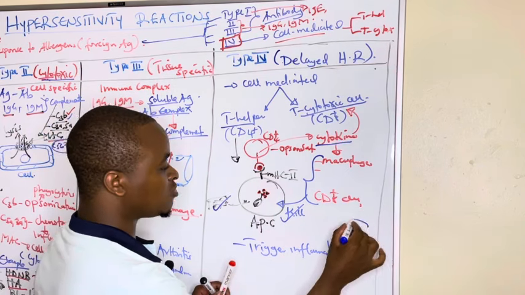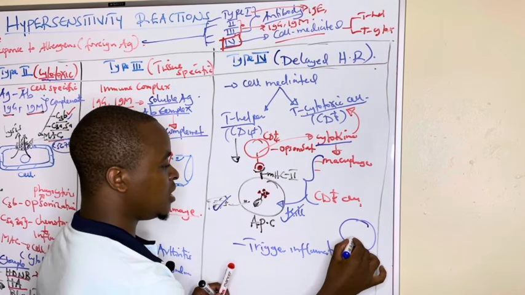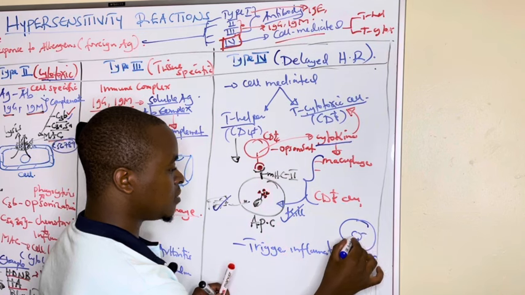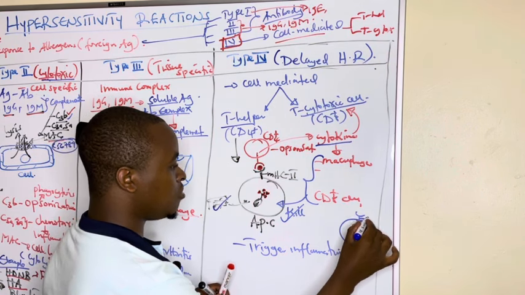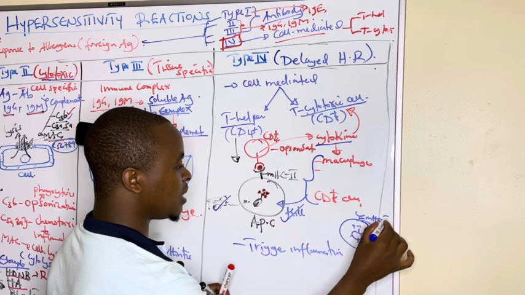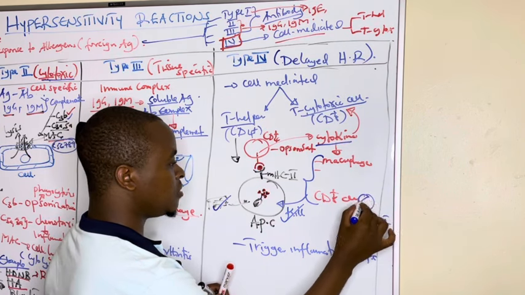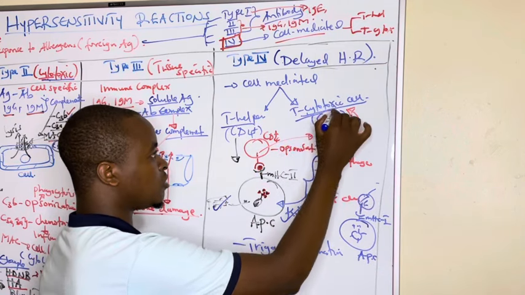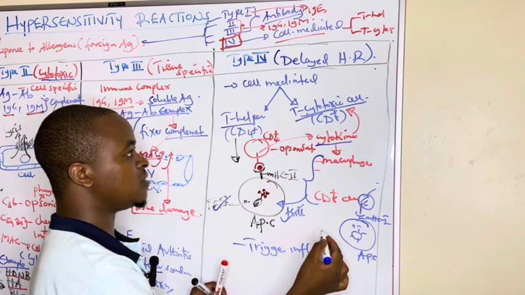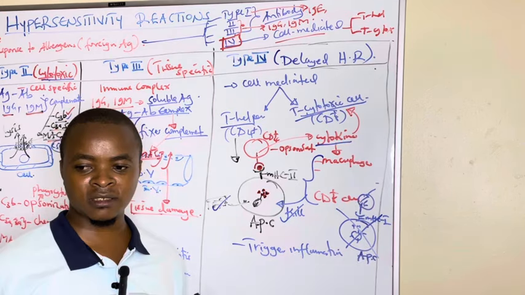And if it is intracellular, if it is a virus, the antigen presenting cell breaks it into portions and presents them on major histocompatibility complex type 1 to the CD4 cell, which produces cytokines, calling the cytotoxic T killer cells and the macrophages to come and destroy the virus infected cell.